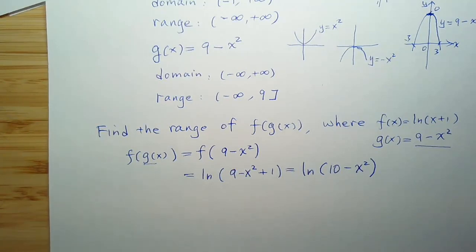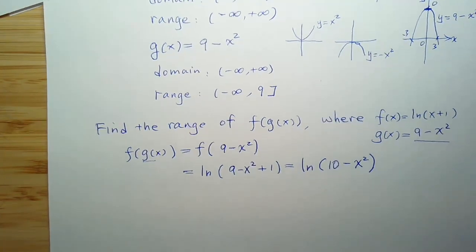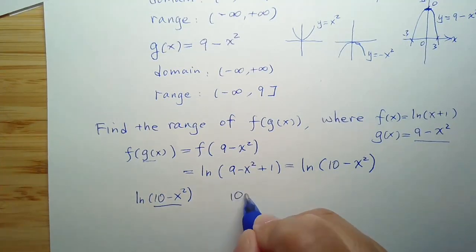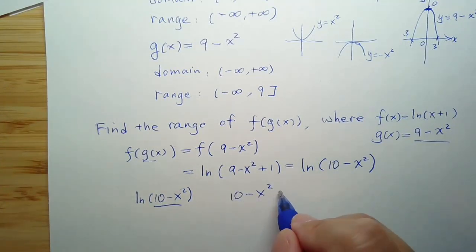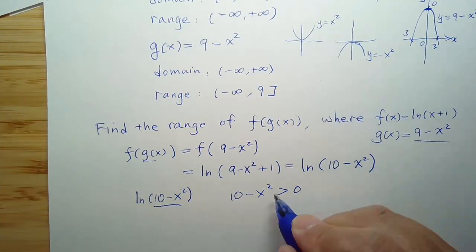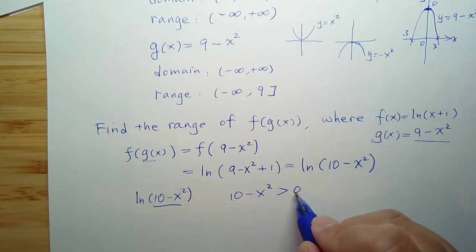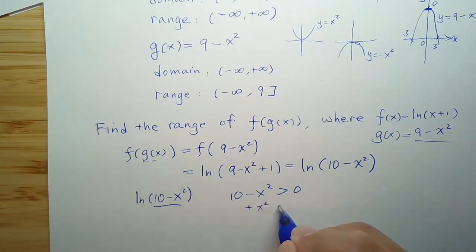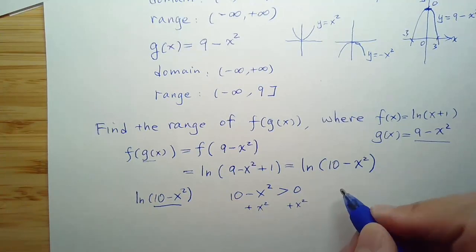How do we do that? How shall we do that? First of all, we know that for ln of 10 minus x squared, this part, 10 minus x squared, has to be greater than 0. Therefore, we move this negative x squared to the right side, or you can say plus x squared on both sides, because some people prefer to do that, which is totally fine.